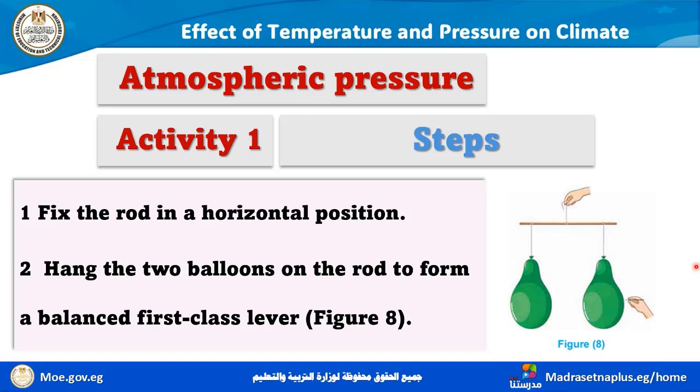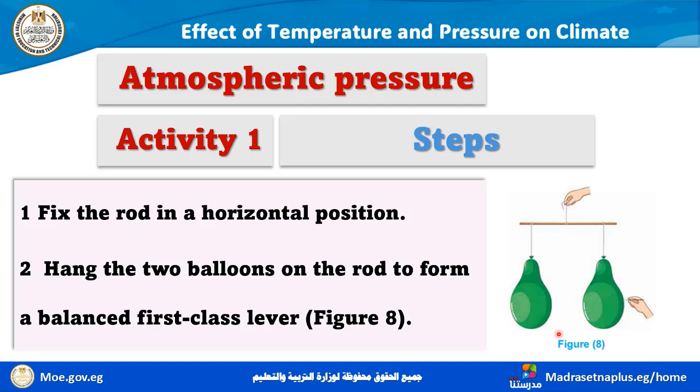So in our experiment we will hang the 2 balloons to resemble the first class lever, in which the fulcrum, this is the fulcrum in our experiment, lies between the 2 balloons, which represent the load and the effort, and the balanced first class lever, in which the effort arm times the effort equals the load arm times the load.